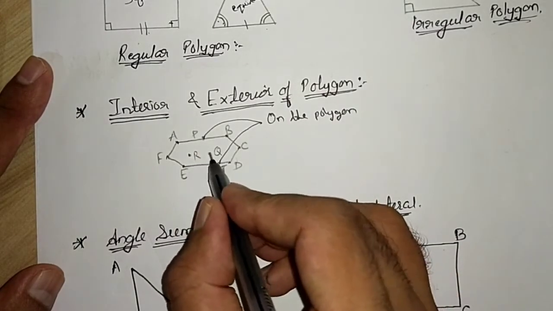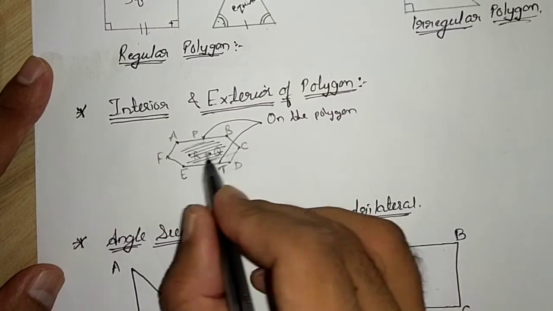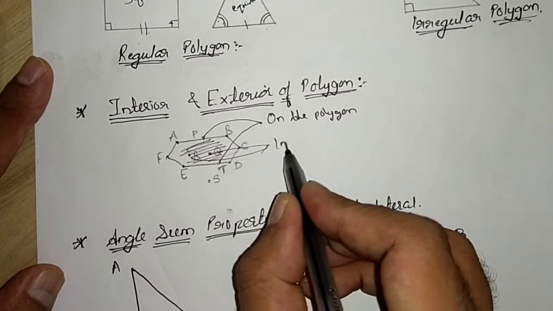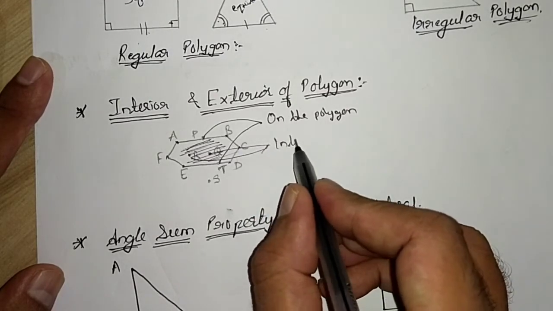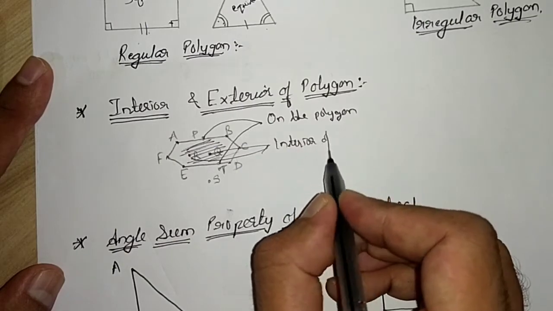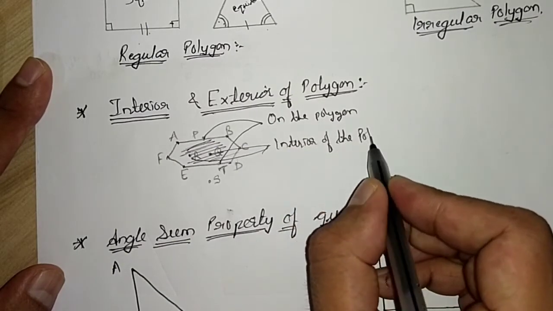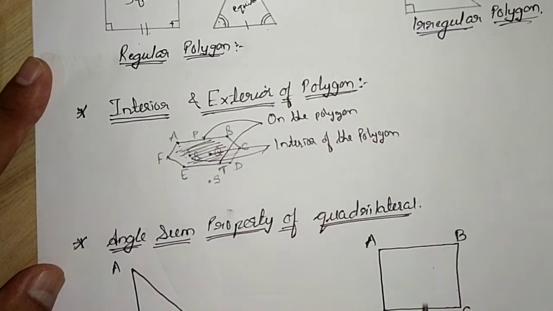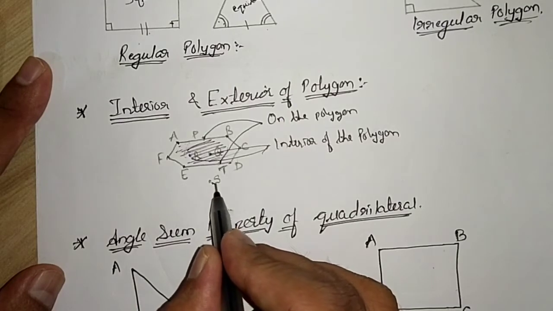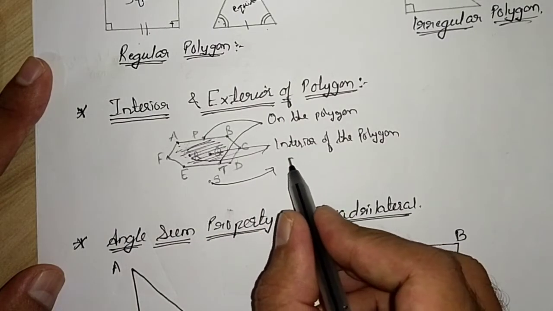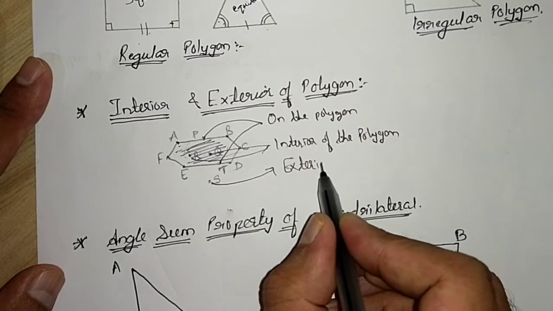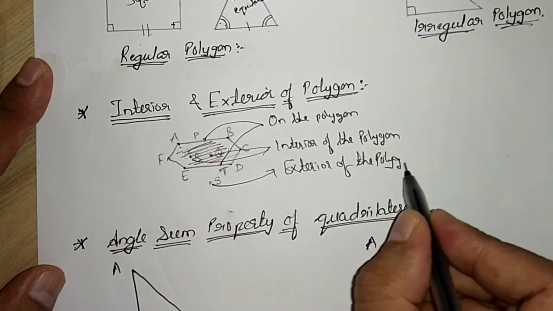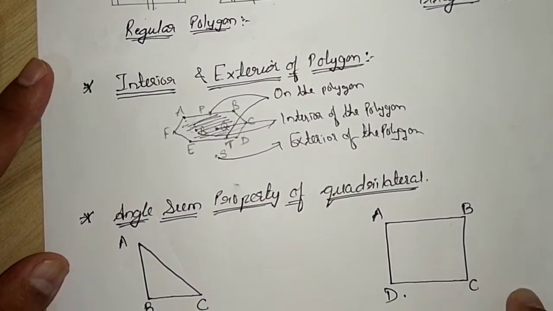The points which are inside the polygon we say are in the interior of the polygon. While you can see this point S, it is outside, so we can say it is in the exterior of the polygon. Hope you have understood interior and exterior of polygon.